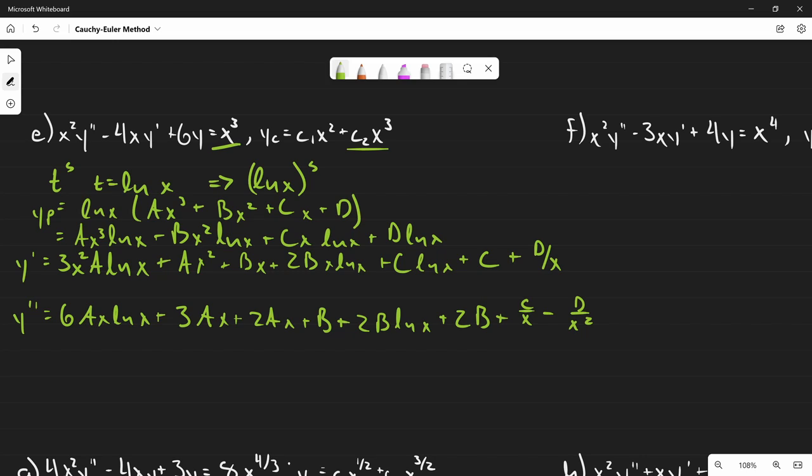And so when we plug it into the original equation, I will run out of space. So we will be having already x squared.